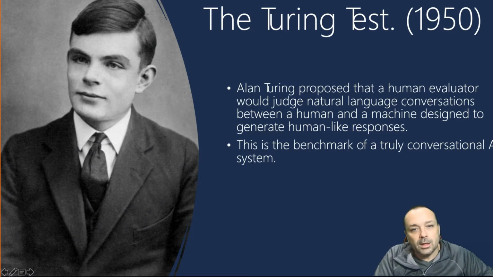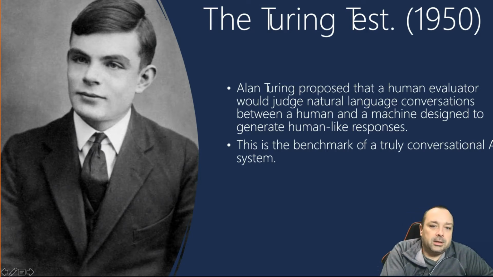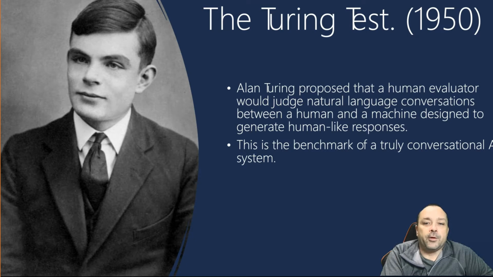Okay. So you're going to hear about this individual, Alan Turing, a lot. He was the one that first formulated the idea around how we can benchmark or measure the effectiveness of an artificial intelligence system.